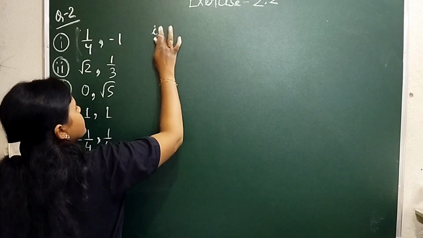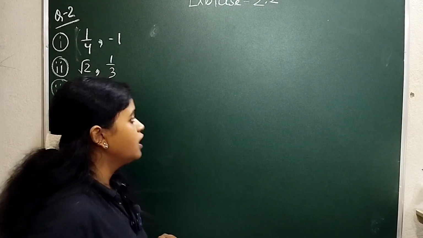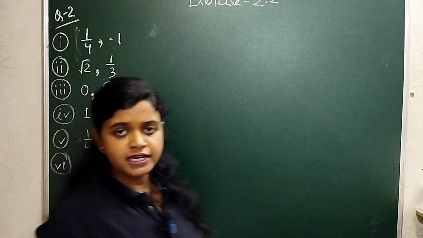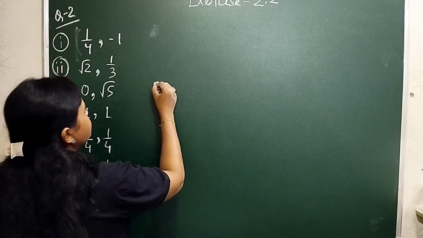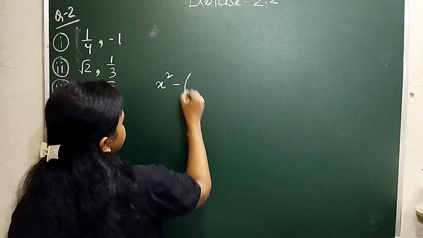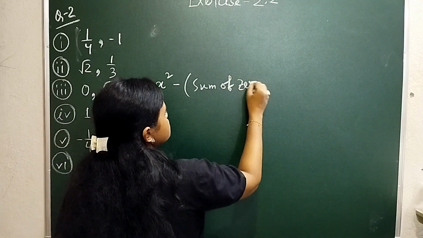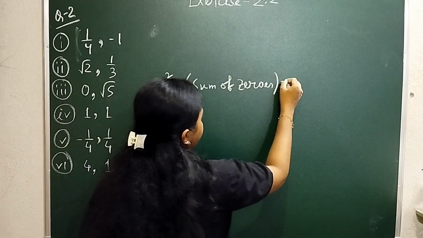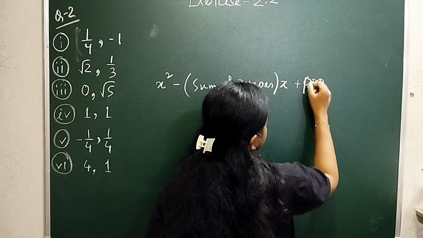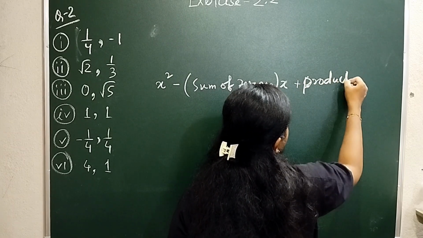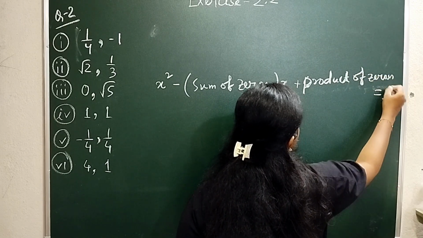Before going to question number 1, let us discuss one formula for finding a quadratic polynomial. What is that? x square minus sum of zeros into x plus product of zeros equals 0.